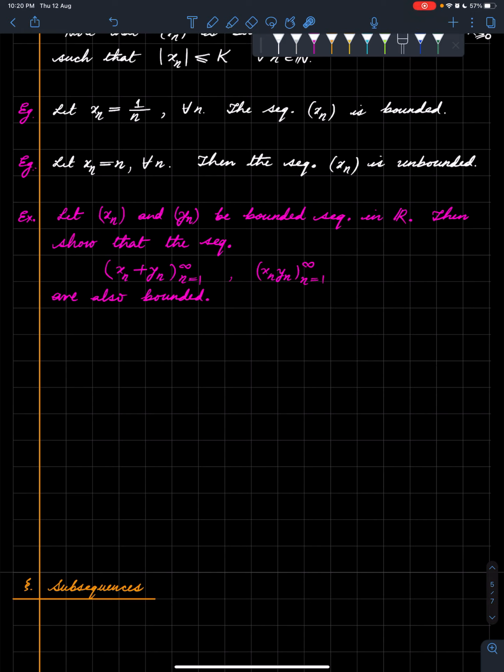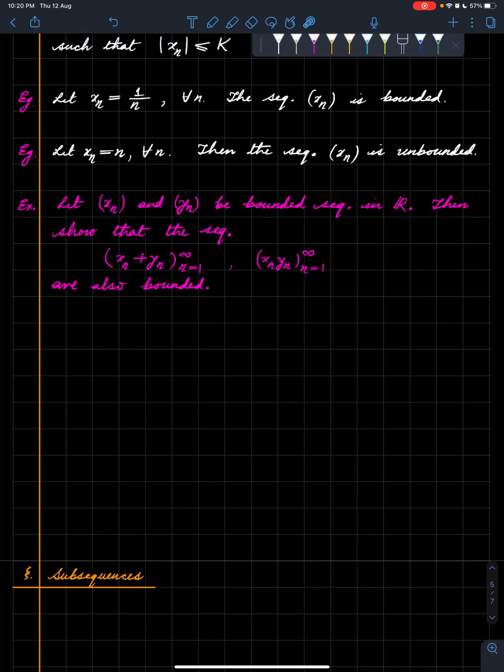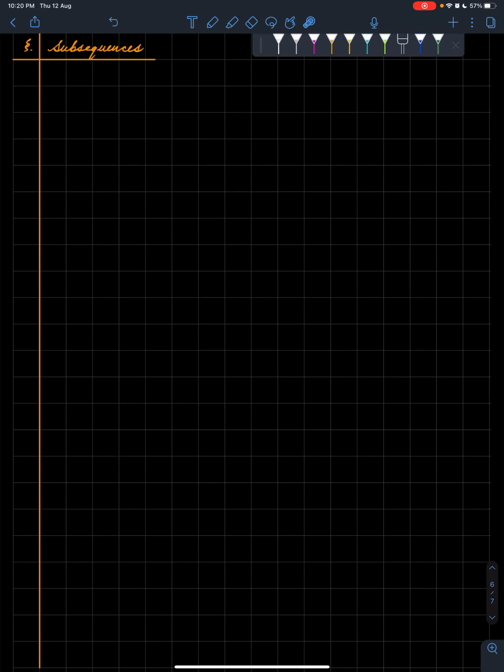And now for the very important concept of a subsequence. Let X be any set, and we have a sequence xn in it.